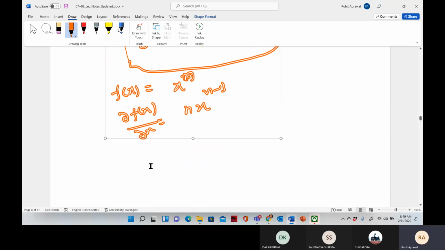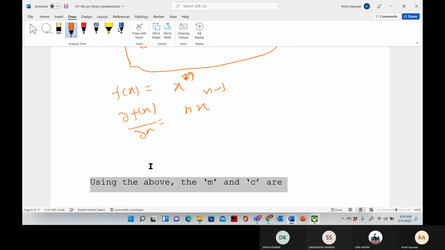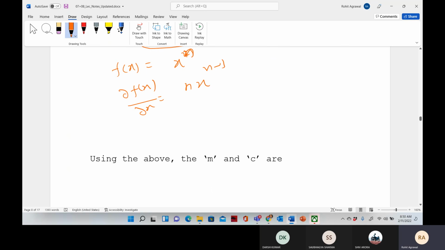Now we can write, using the arrow, the m and c. The first one is m and the second one is c.